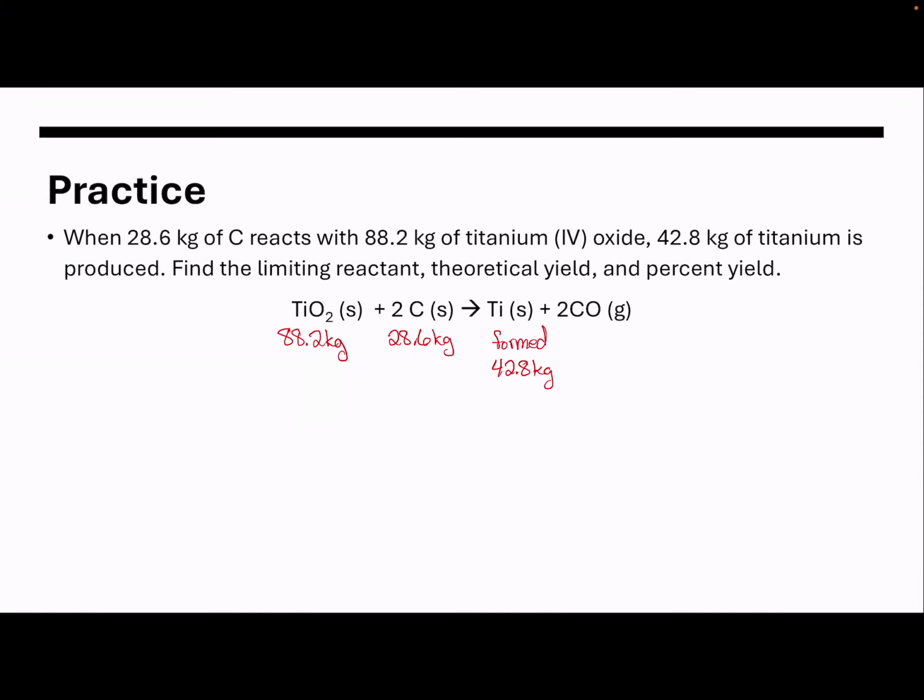When it says the word formed or produced, that means this is your actual yield. What is the percent yield? Well, find the limiting reactant, theoretical yield, and percent yield.